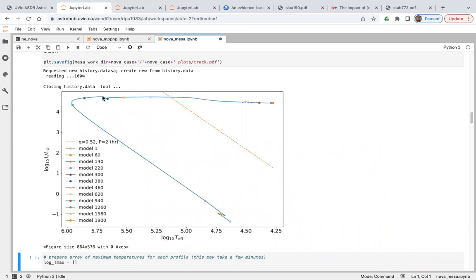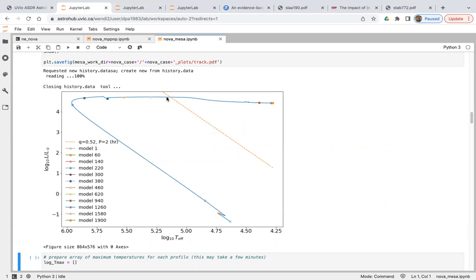Then the stellar evolution track returned back toward the asymptotic giant branch, right? Because at this moment, the white dwarf with expanding envelope begins to look like a red giant, okay?